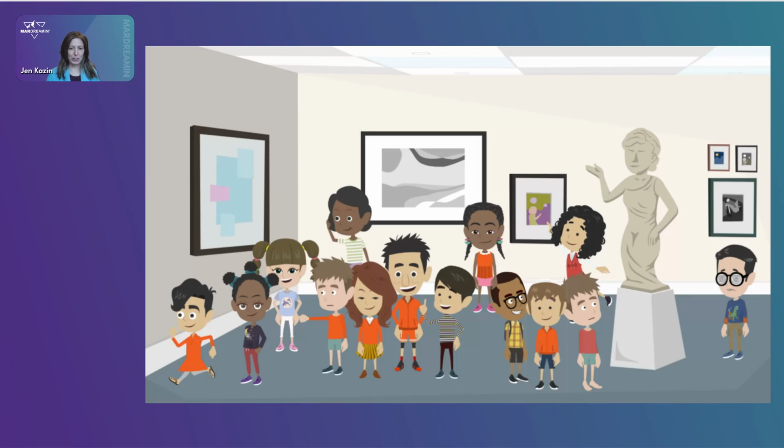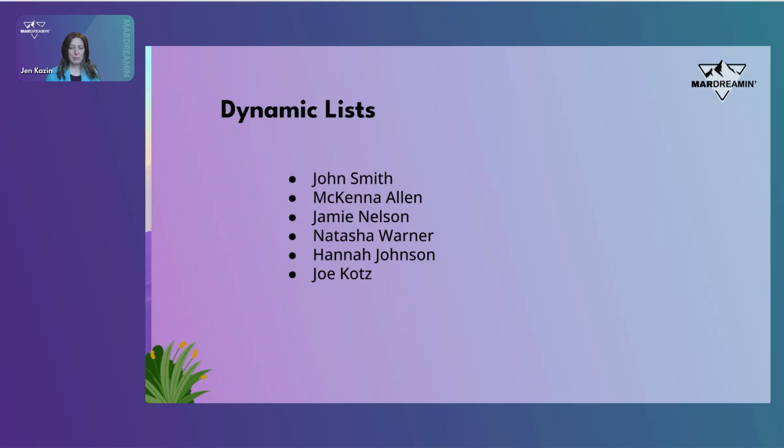The reason I'm telling this story is it's the essence of what a dynamic list is. I know we're in the world of account engagement, not going to a science museum, but it's the same concept. If I said, I want everybody who is wearing an orange shirt, I could create a dynamic list and say orange shirt equals orange. Then it would show the name of all the people with orange shirts.